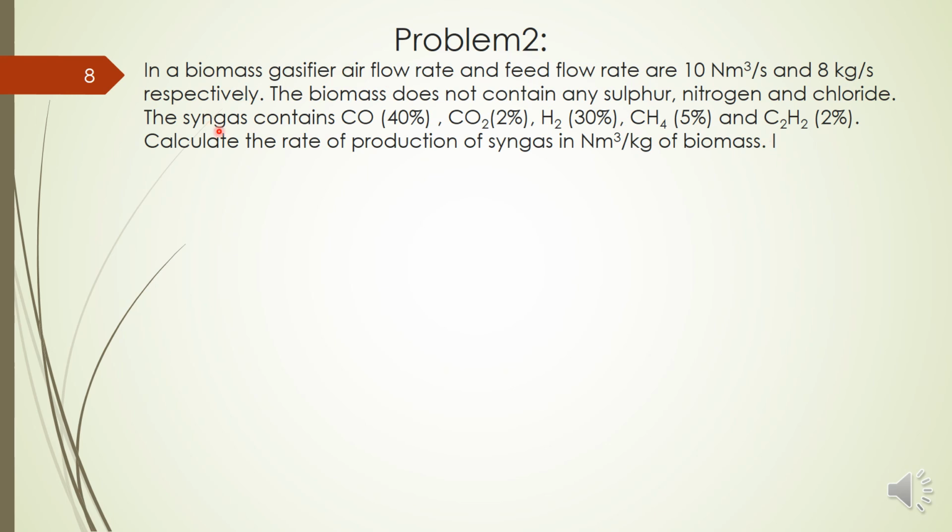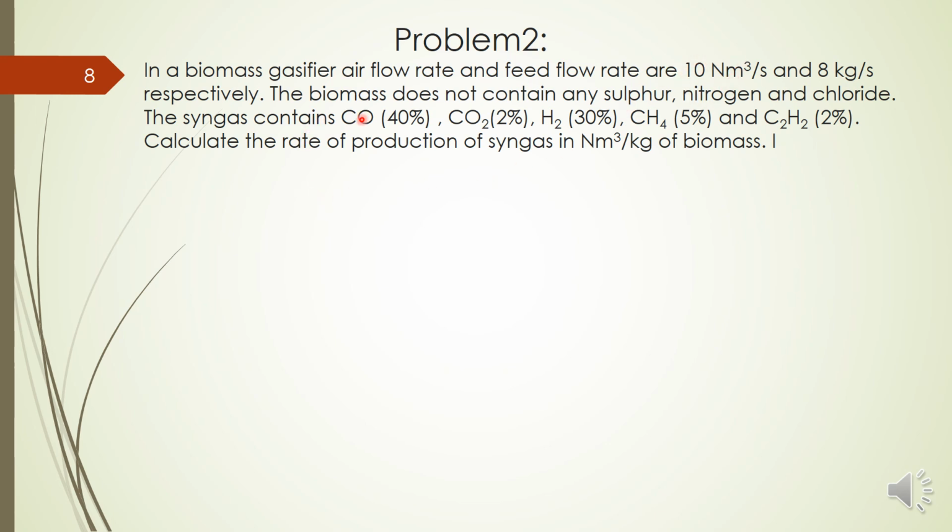So this is a typical problem in biomass gasification. What we have to find out is the syngas production in normal meter cube per kilogram of biomass. The data given is the biomass feed rate in kilogram per second, and another clue is that we are using air. So this is air gasification. No oxygen or steam is used, air is used, and its rate is also given.